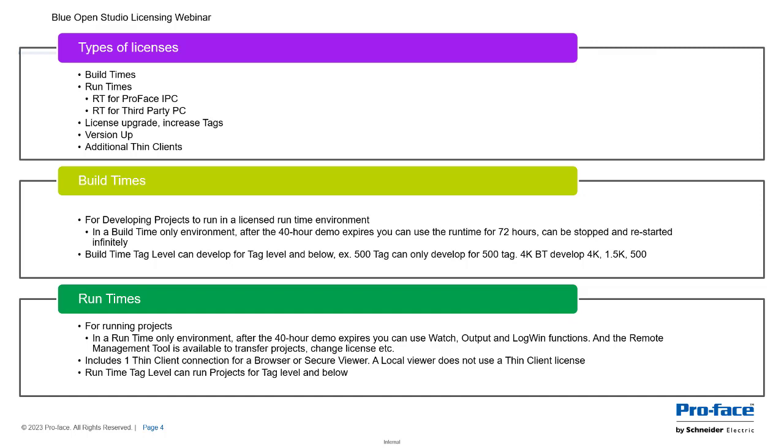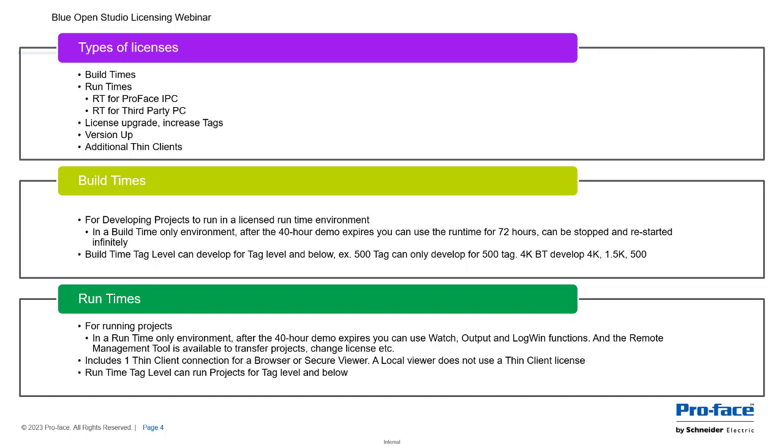Okay. The build time tag level can develop for its own tag level and below. Okay. So for example, the 500 tag build time can only develop for a 500 tag runtime. Okay. A 4K build time can develop for a 4K, a 1.5K, and a 500 tag runtime.